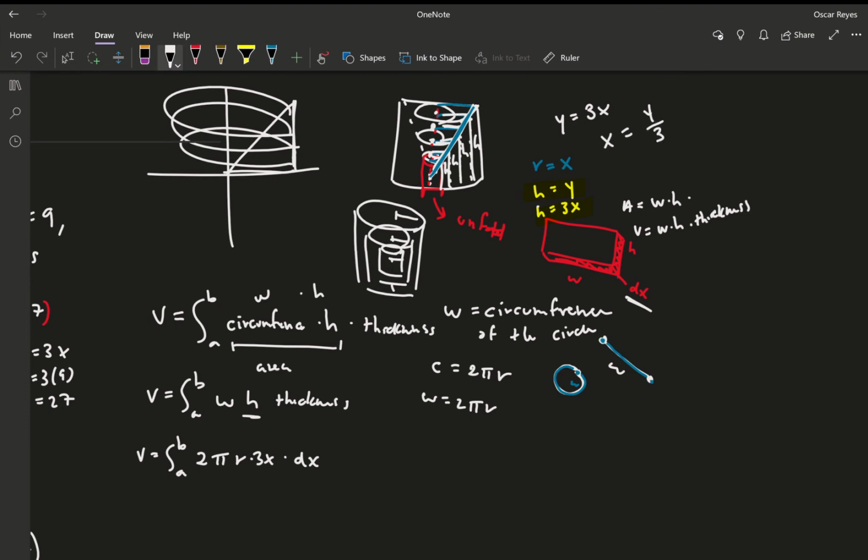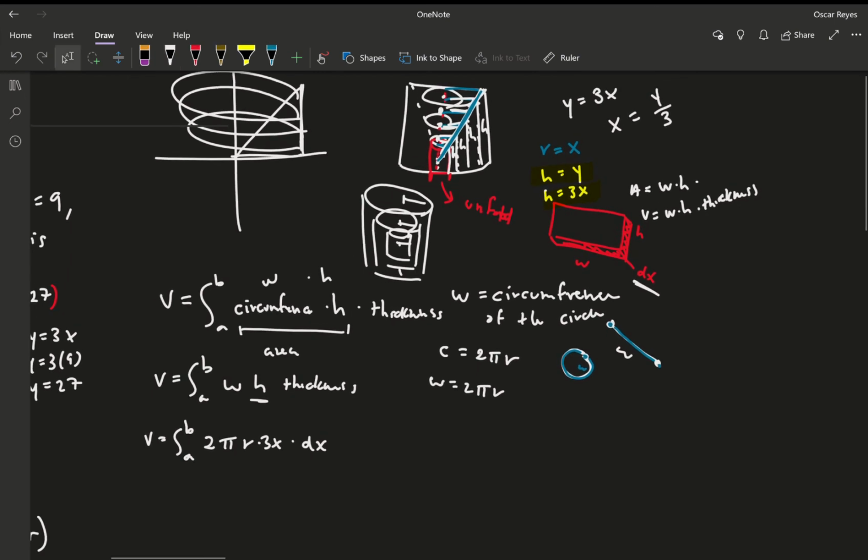All I did there was divide both sides by 3. I apologize. Our x is not equal to y over 3. Our x is going to be an x value every single time. So we found out that's what r is equal to. It's just a different x every single time.